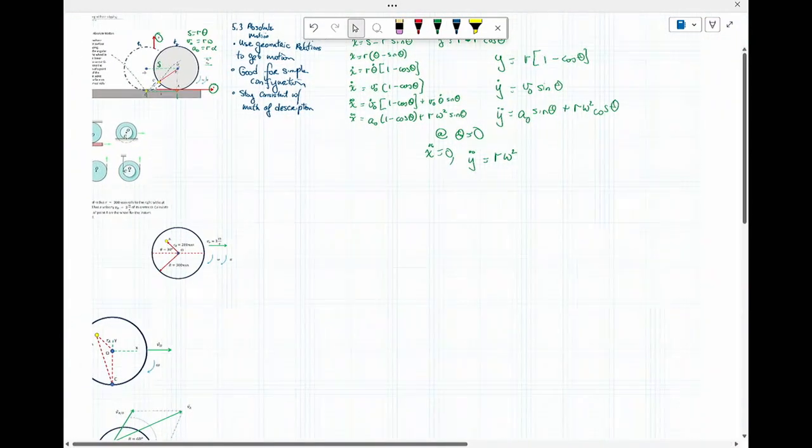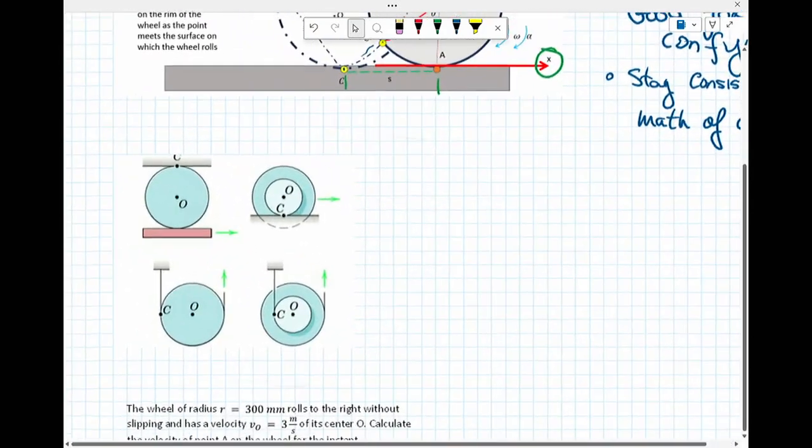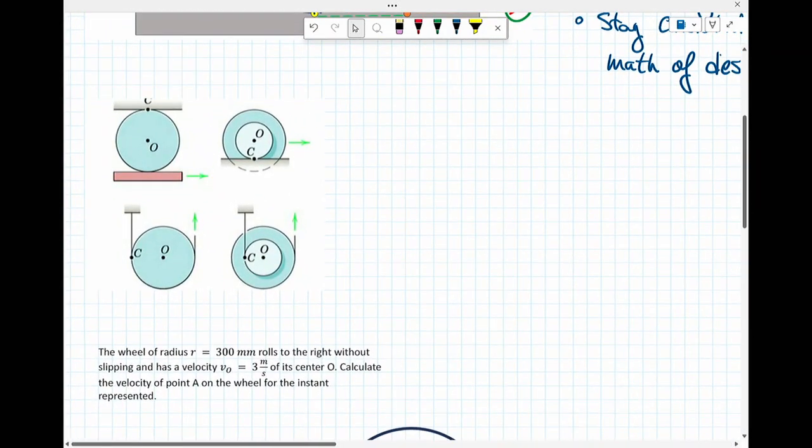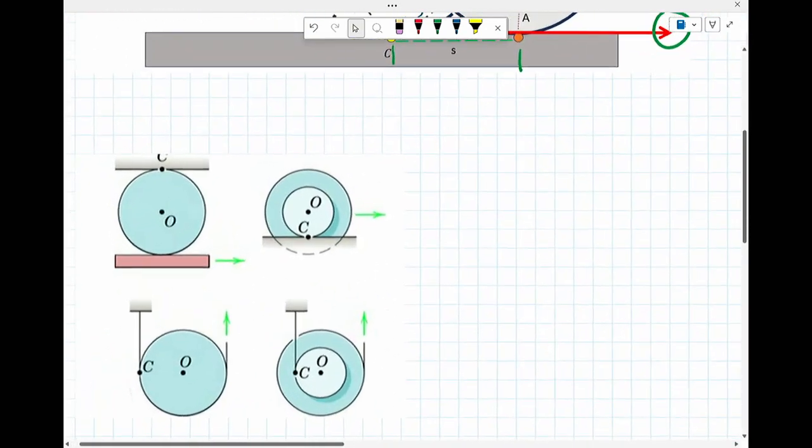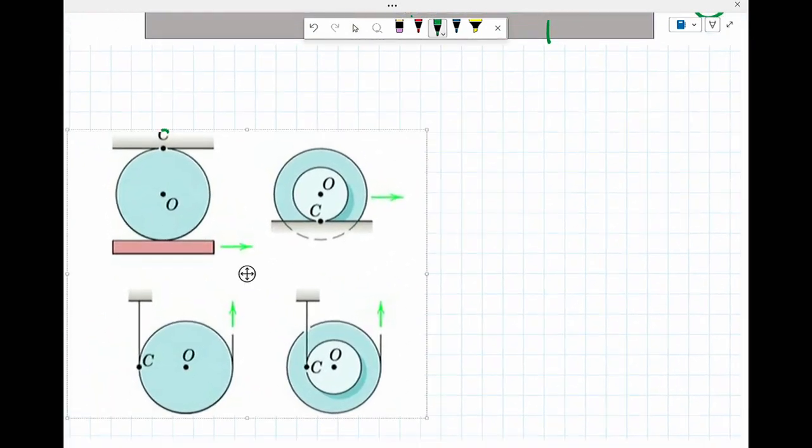Now, where this gets interesting, and I've taken this out of Meriam and Kraige, is when you're dealing with different types of bodies, because different types of bodies have different points of contact. So here, for example, I have a zero slip occurring where the contact point is here.